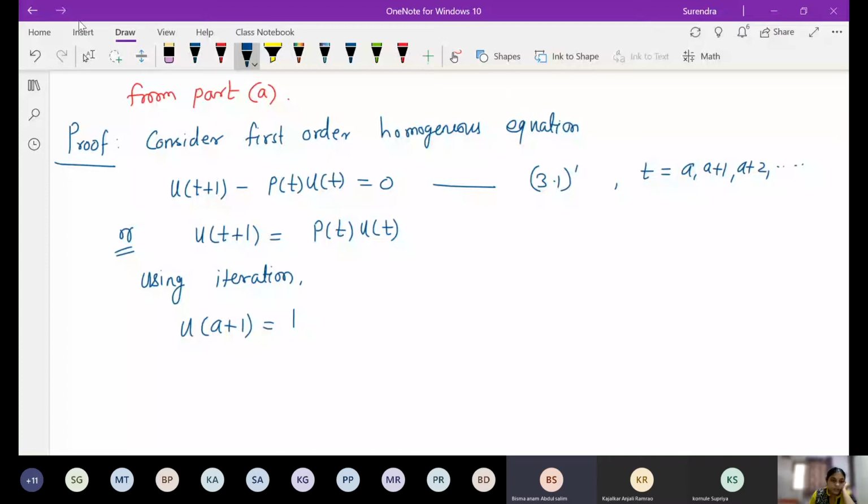What is u at a plus 2? It is p at a plus 1 into u at a plus 1.